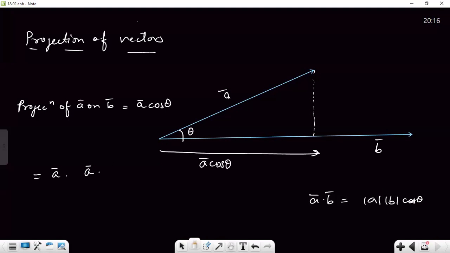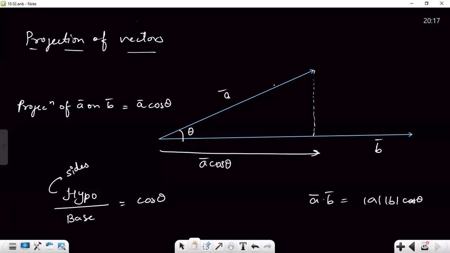So this A vector, let me revise things. So this was the hypotenuse vector. Hypotenuse divided by the base is equal to cosine of theta, where these are sides, not vectors.